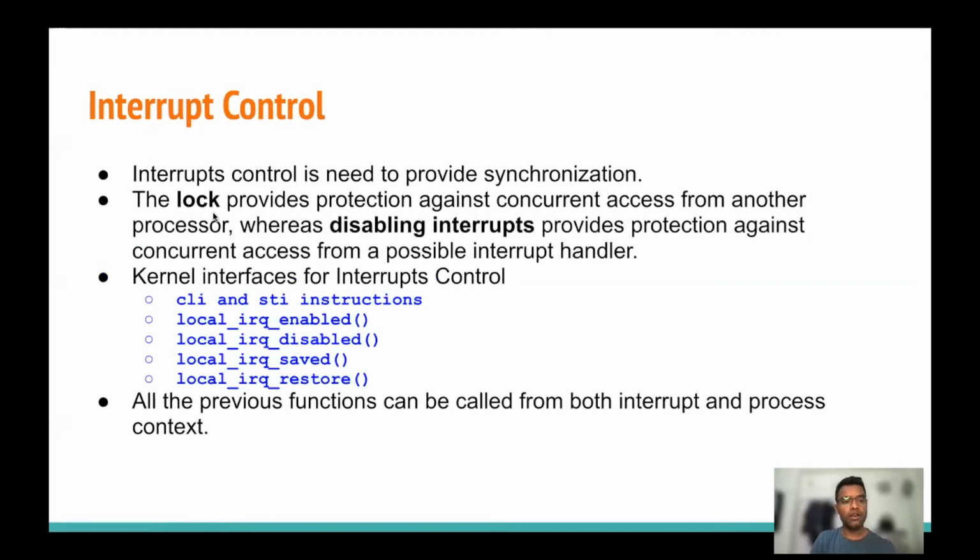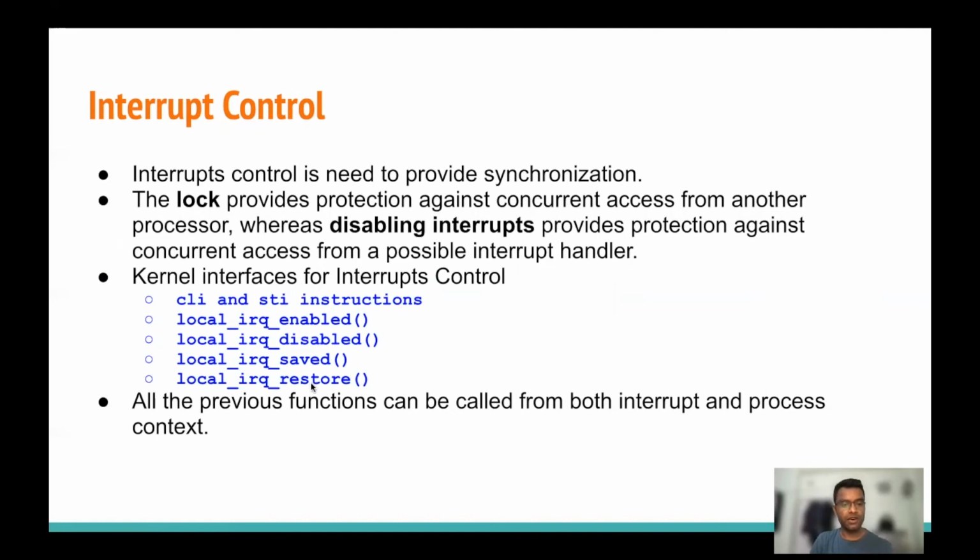So a lock provides inter-processor protection of code that can be accessed concurrently, and disabling interrupts helps to not run any interrupt on the current processor when it is processing a given interrupt.